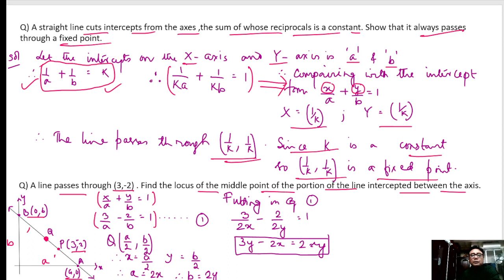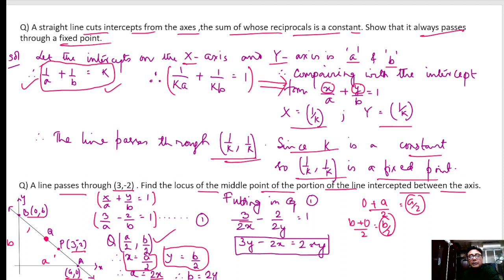It will be x1 plus x2 by 2, and y1 plus y2 by 2. So these are the coordinates of Q. That means the x coordinate of Q is this and the y coordinate of Q is this. So we can write 2x in place of a and 2y in place of b.